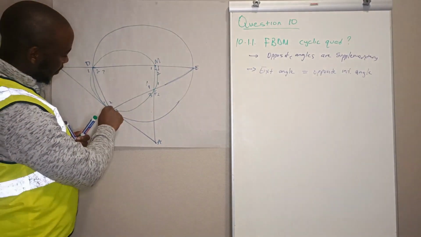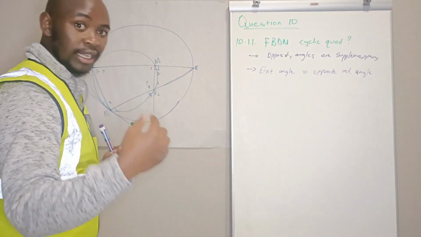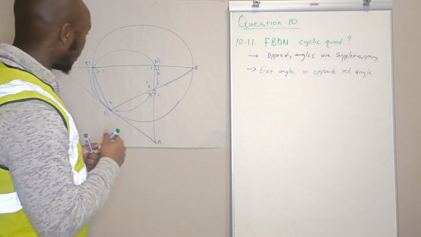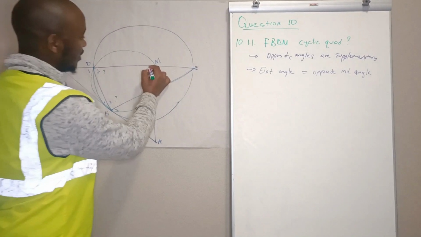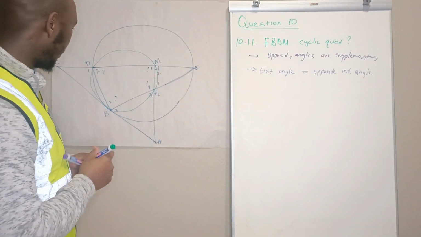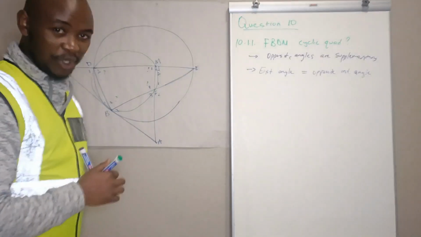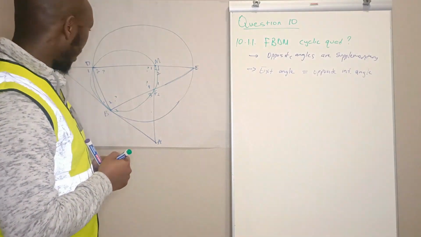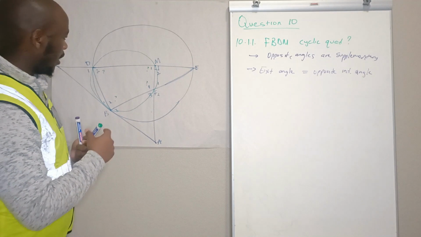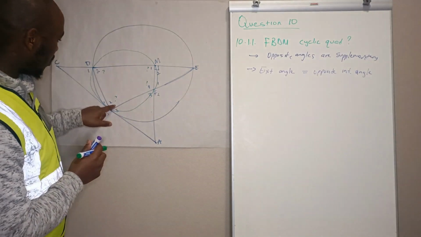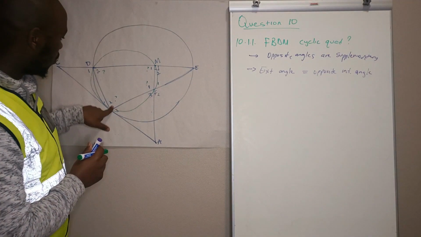What about adding B2 to M1? Can those add up to 180 degrees? So we see that there is B2 and then there is M1. Okay, do we have B2? No, we don't. How can we go about finding B2? So you ask yourself, what is special about B2?